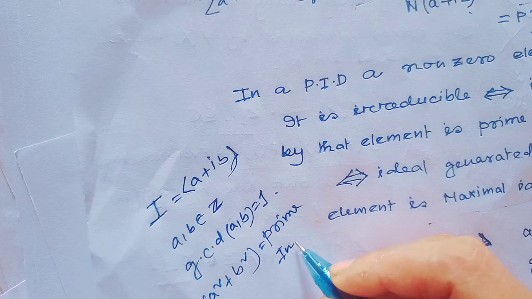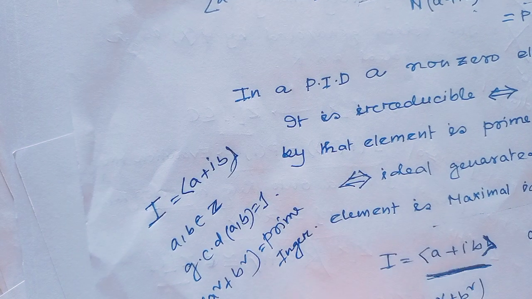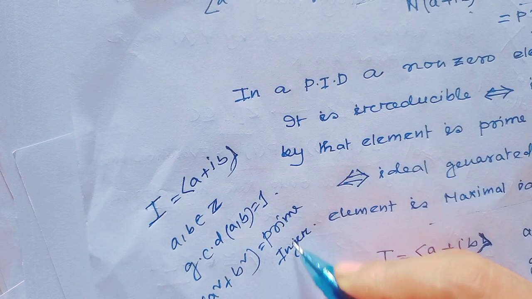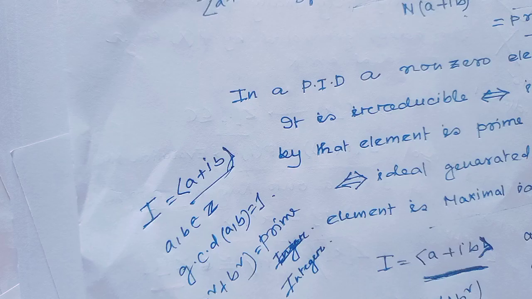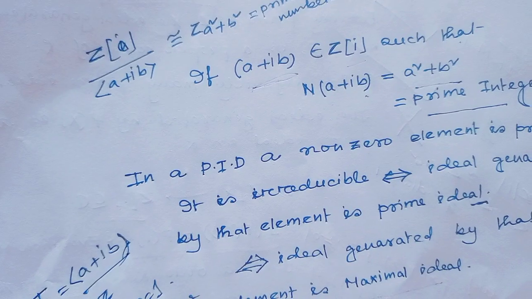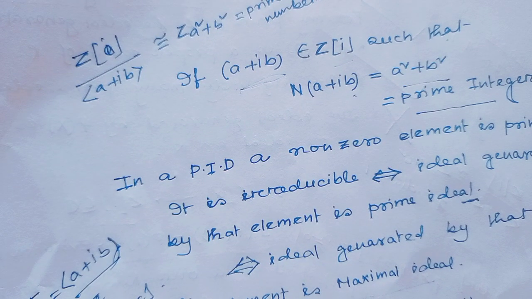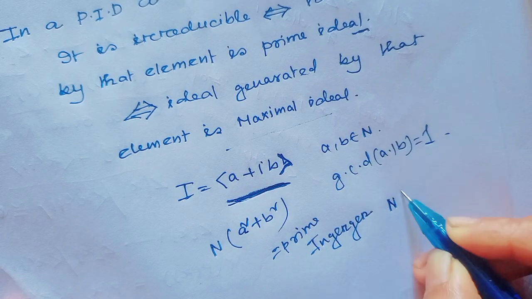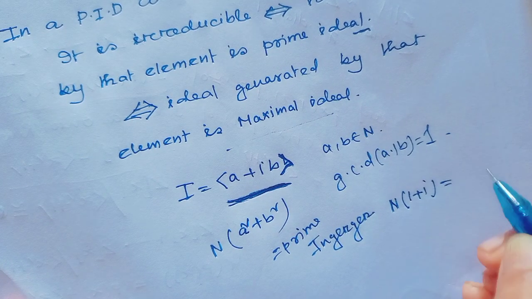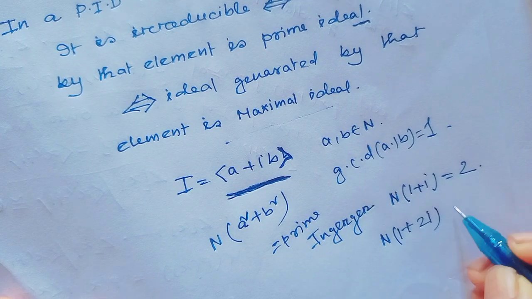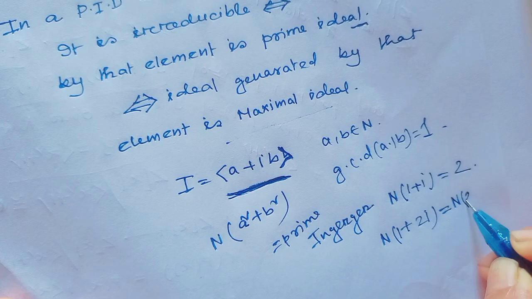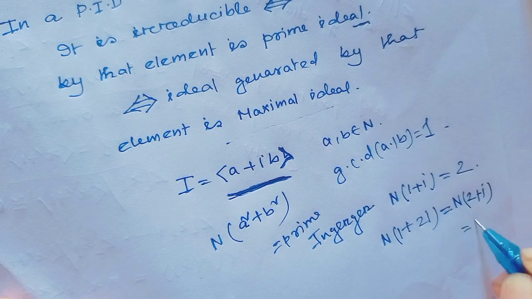We know if the norm a square plus b square is a prime integer, then this ideal is a prime ideal as well as a maximal ideal. In a P.I.D, prime and maximal coincide with each other. As an example, the norm of 1 plus i equals 2. The norm of 1 plus 2i equals the norm of 2 plus i, which equals 5.